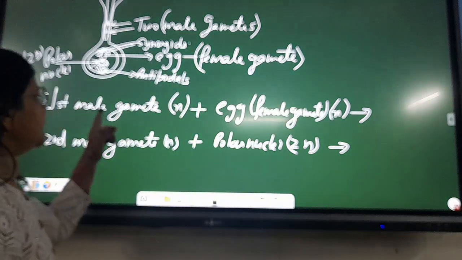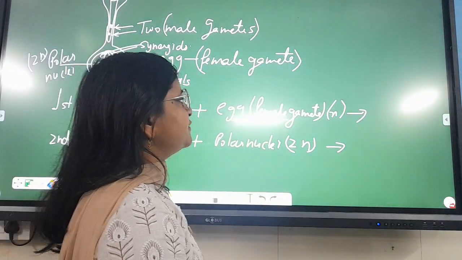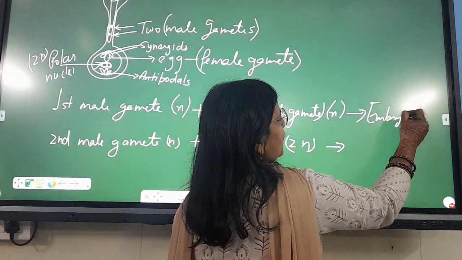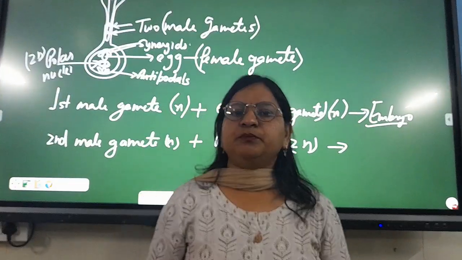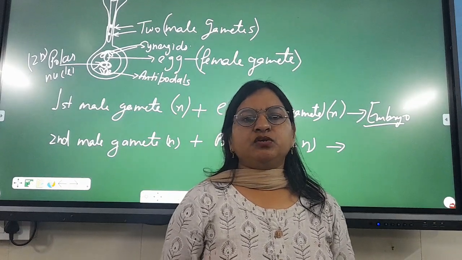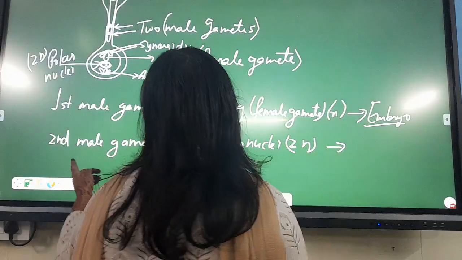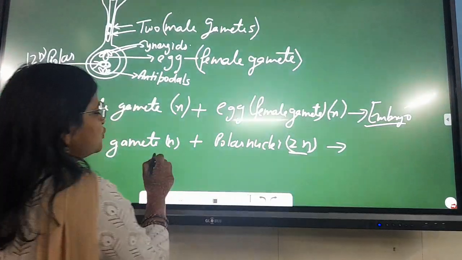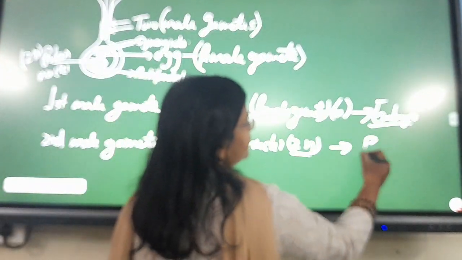So, when the first male gamete fertilizes the egg, it forms the embryo. The embryo, as you know, is the baby plant, which develops into a new plant. And the second male gamete that fuses with the polar nuclei, that is 2n, makes the endosperm.